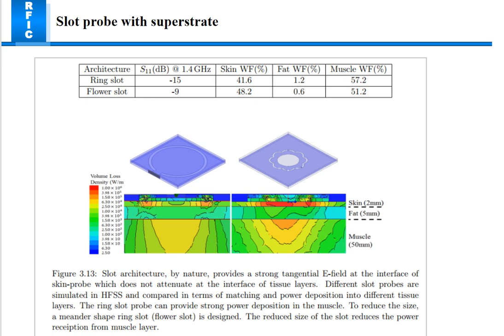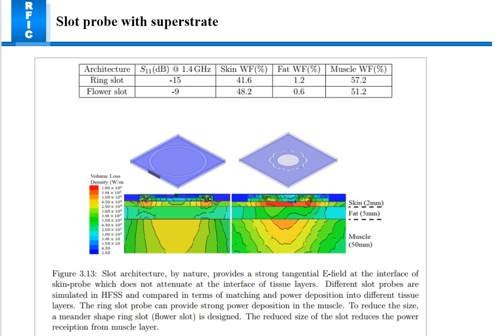And you can see in this figure that slot architecture by nature provides a strong tangential E field at the interface of the skin and probe, which does not attenuate at the interface of the tissue layers.